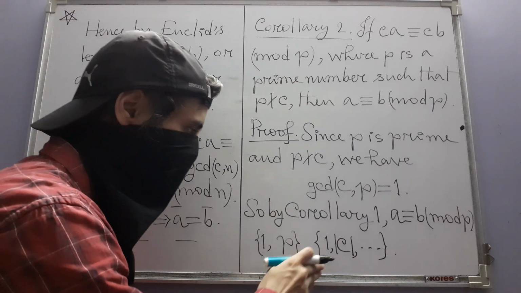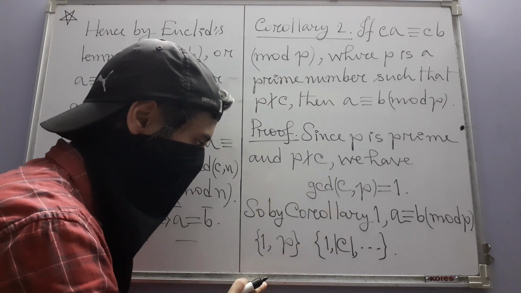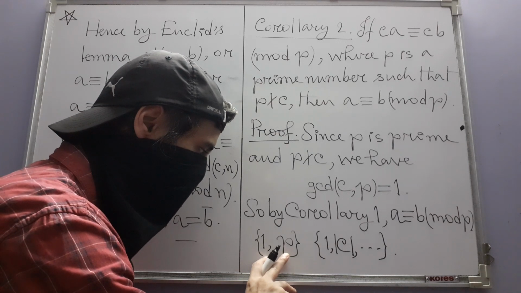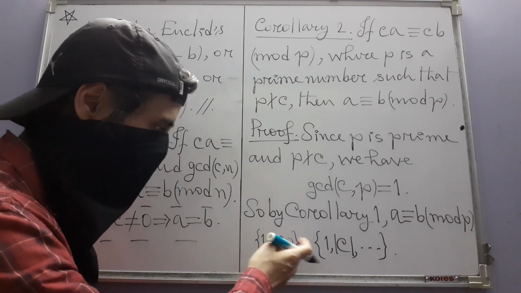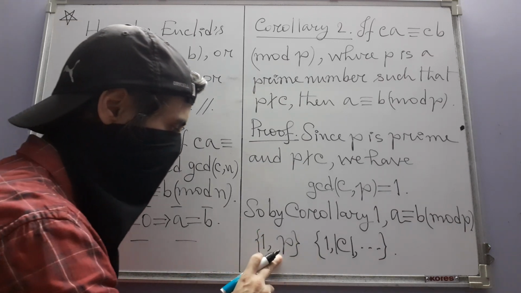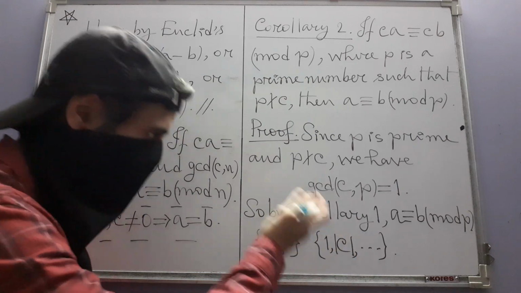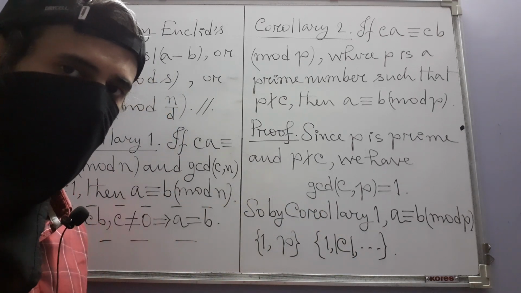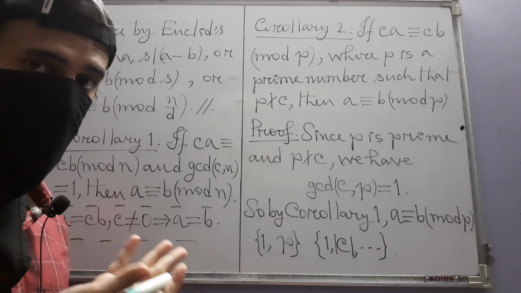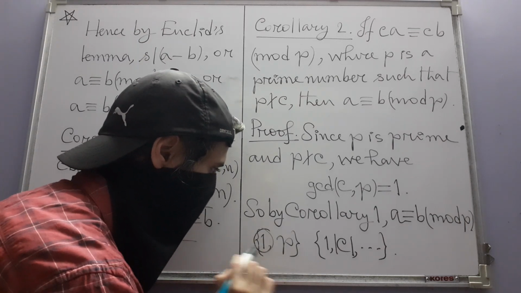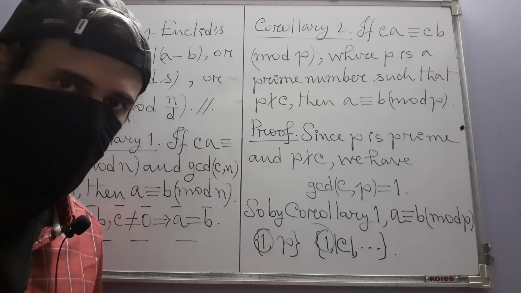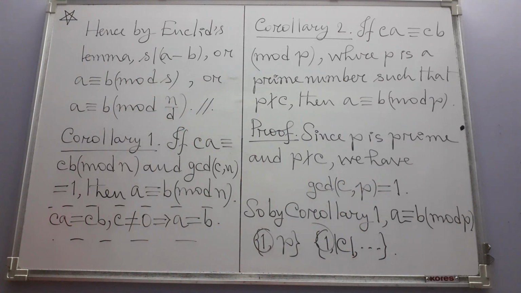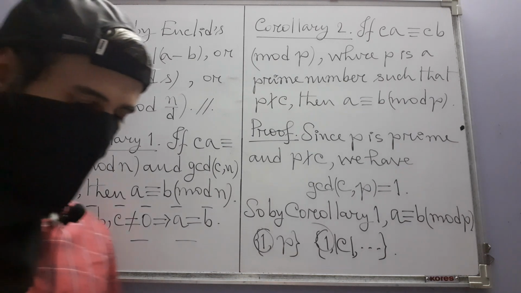So whatever common divisors these two numbers may have must be these two only, or maybe not both of them. And in fact, in this case, P itself cannot be a common divisor. P, of course, is dividing P, but P is not dividing C, that is given. That means 1 is the only positive common divisor. So automatically it is also the greatest common divisor. That's why we have 1 here. So that's how we have this second corollary as well.